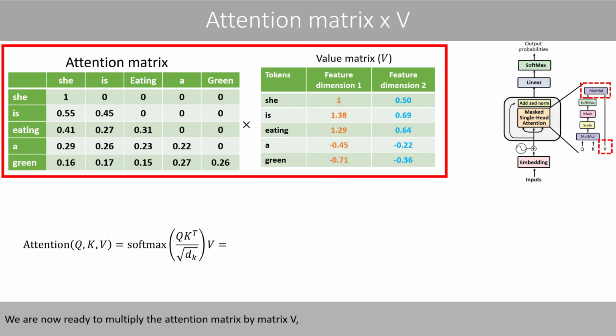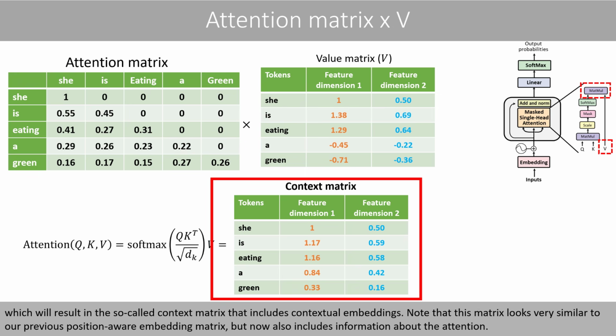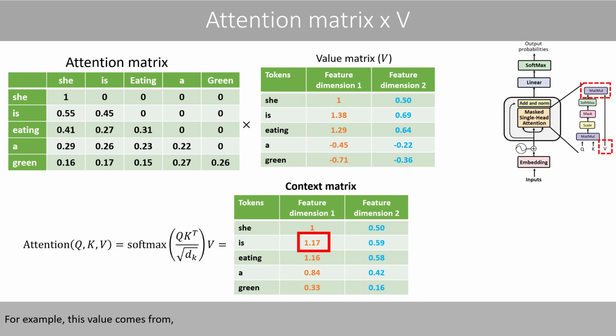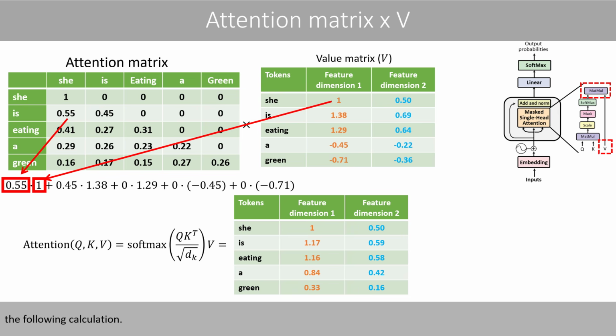We are now ready to multiply the attention matrix by matrix V, which will result in the so-called context matrix that includes contextual embeddings. Note that this matrix looks very similar to our previous position-aware embedding matrix, but now also includes the information about the attention. For example, this value comes from the following calculation.